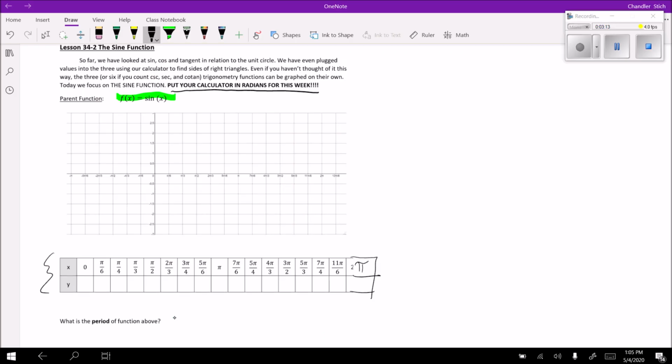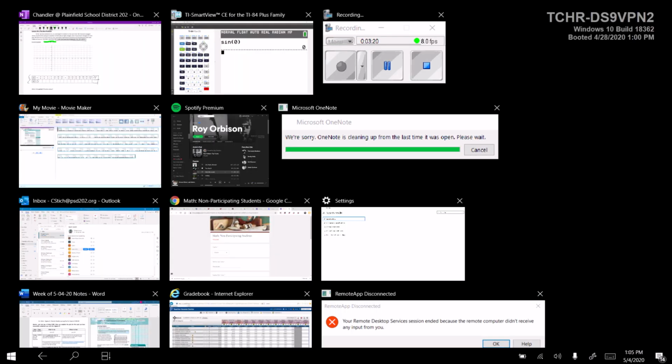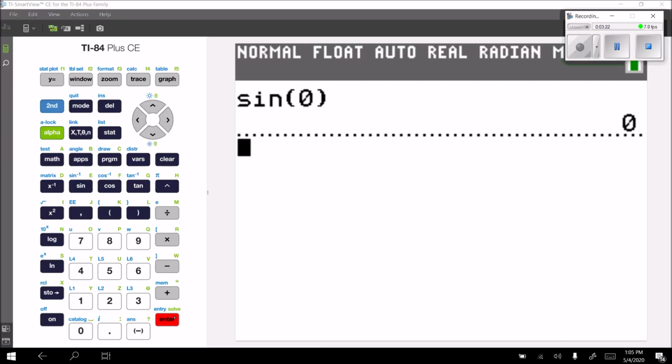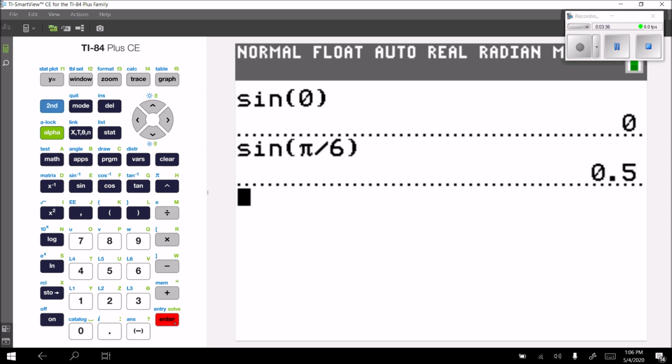All right, so 0, 0. Okay, sine of pi over 6, which is next. Your pi button is right here by the H, so you may be able to see it. So sine of pi divided by 6. Hit enter. 0.5.